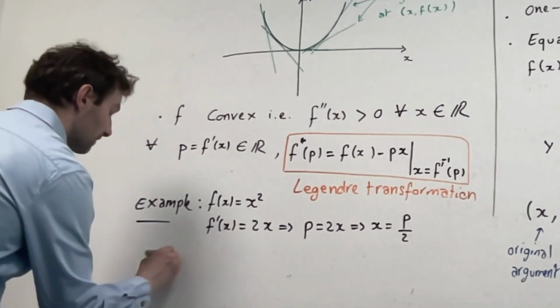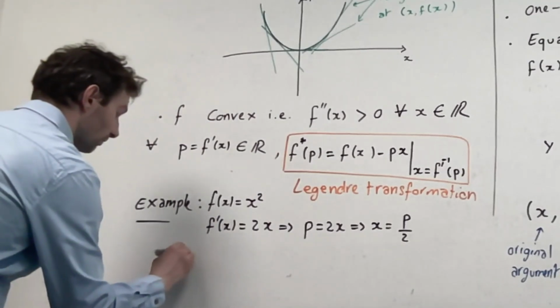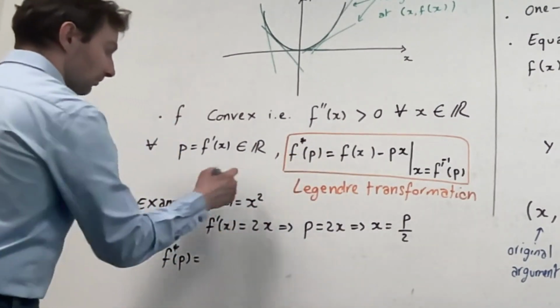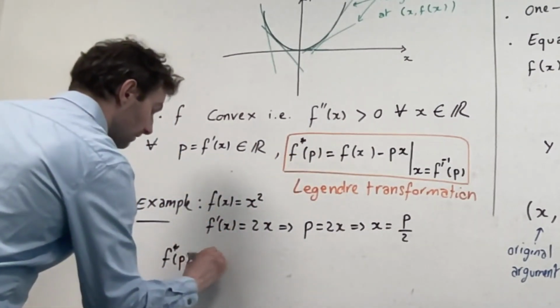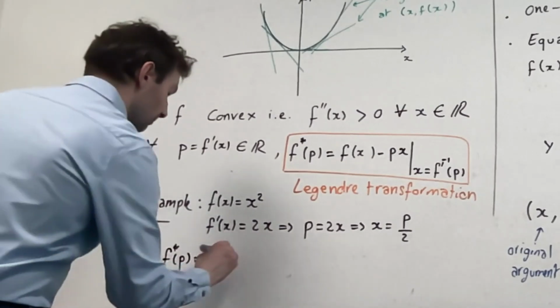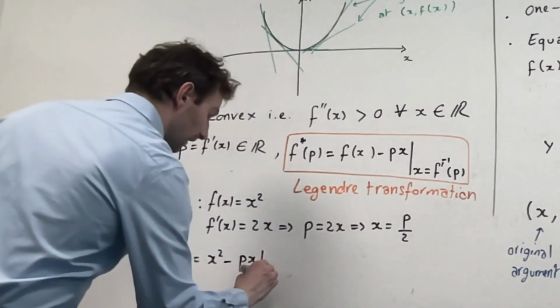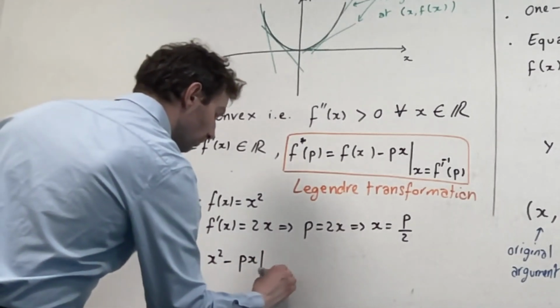So f star of p is equal to, f of x we said was x squared, and then minus p x, but then I need to evaluate when x is equal to p over 2.